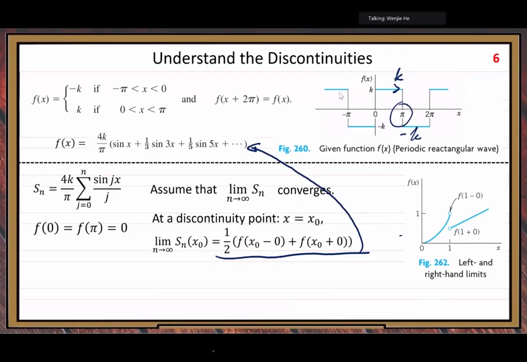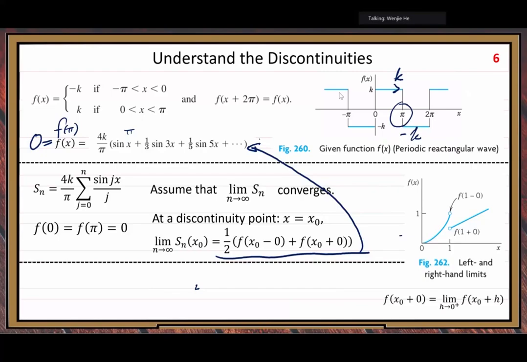That means on the left-hand side, for f of pi, you should use the 0 value. Then on the right-hand side, you plug in x equals pi, then take the summation. You get an identity, so that's correct.